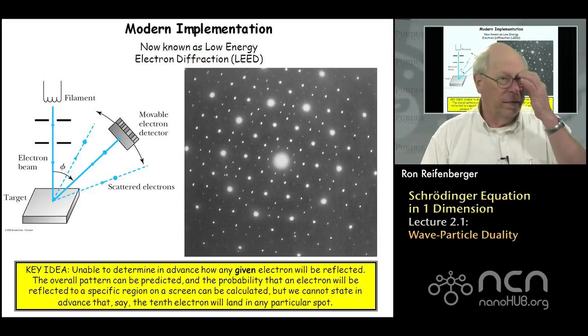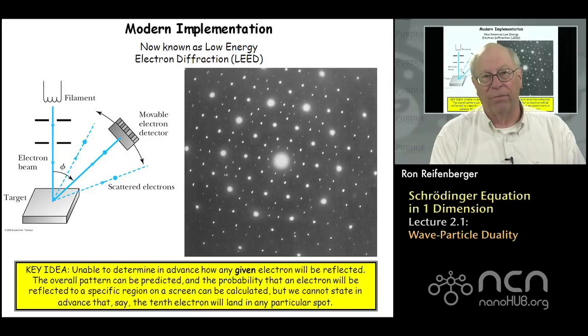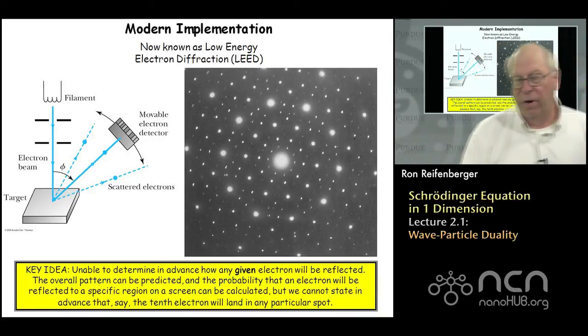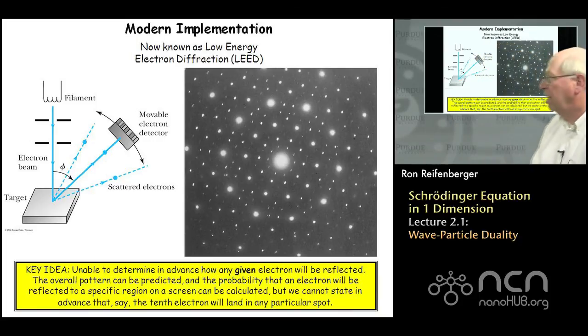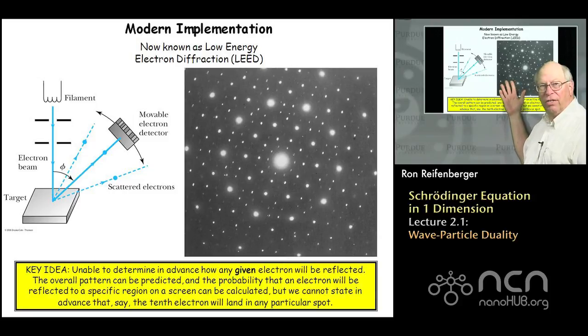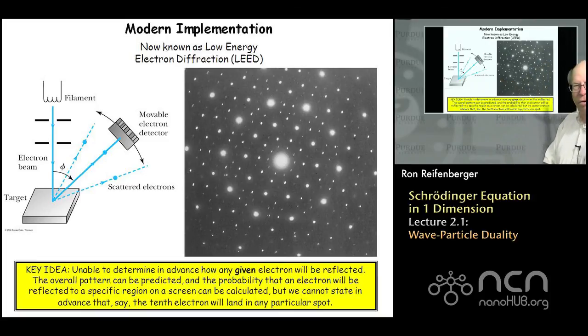So today, this experiment is done routinely in labs throughout the world. It's referred to as low-energy electron diffraction. There's entire pieces of equipment set up in labs to do these experiments, and I just copied from the web a representative low-energy electron diffraction pattern from a single crystalline piece of material, just to show you that the reflected X-ray beam, or the reflected electron beams form a sequence of highly ordered spots.